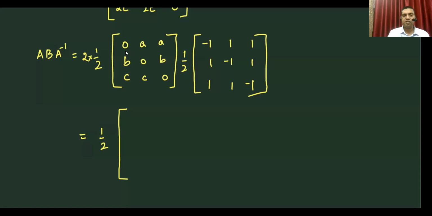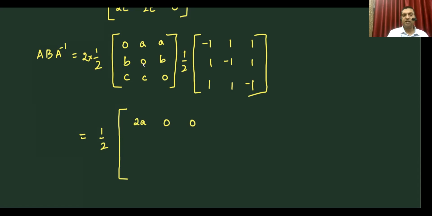Now you look at this. 0, A, A multiplied by -1, 1, 1. So you get 2A. Then 0, A, A multiplied by 1, -1, 1. So you get 0, minus A, 0. Next, 0, A, A multiplied with 1, 1, minus 1. So 0, A minus A, 0.